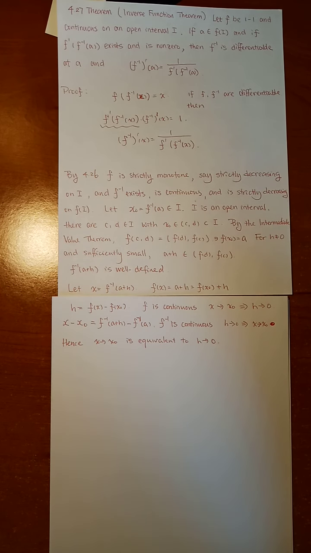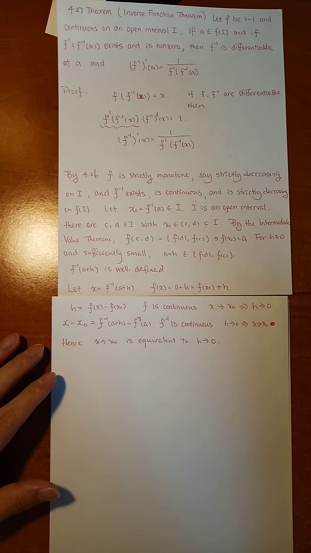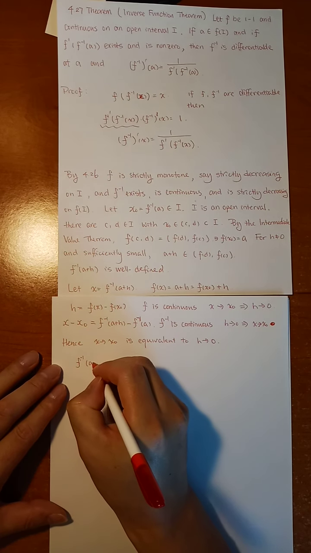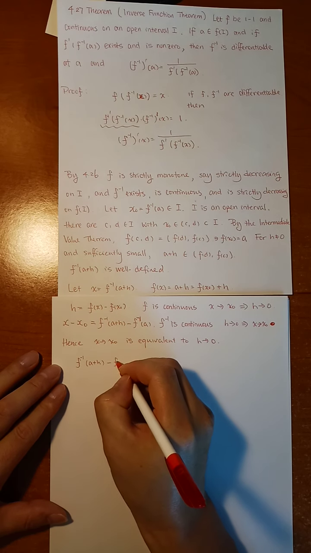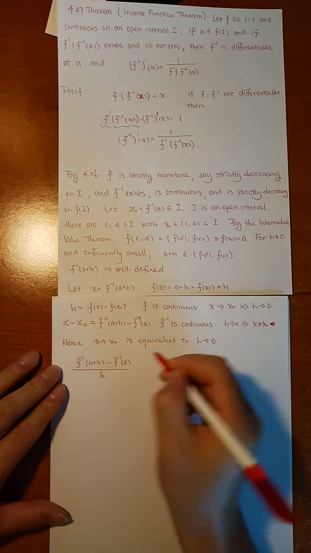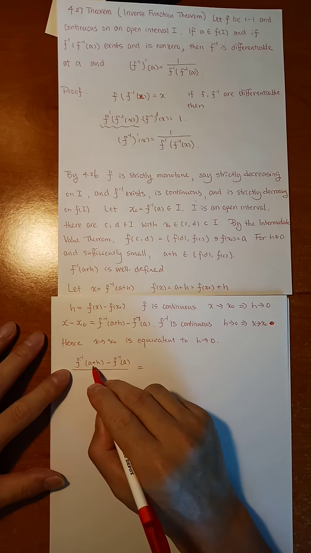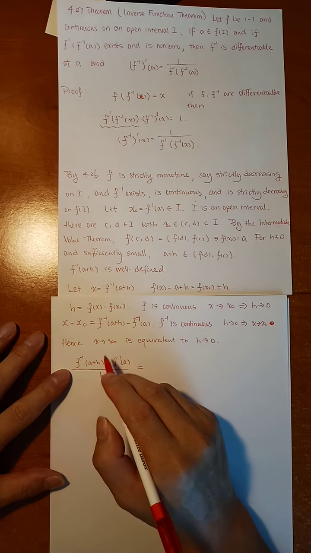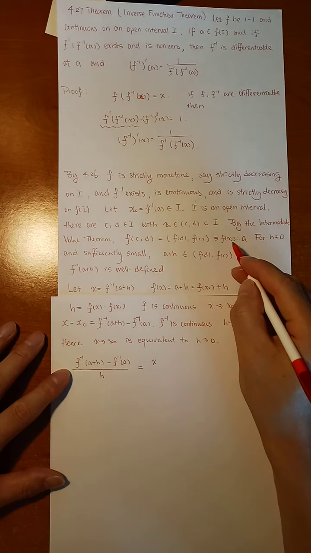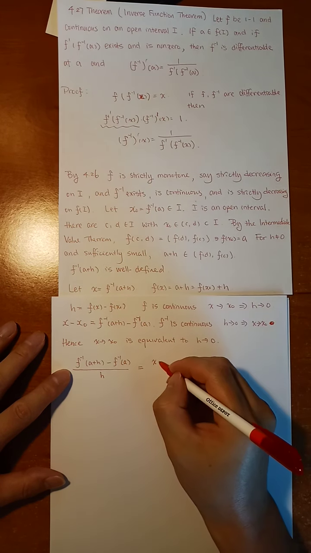Now let's try to compute the derivative. We're talking about differentiability, so let's see what the derivative of f inverse is. f inverse of a plus h is x, and f inverse of a is x0.